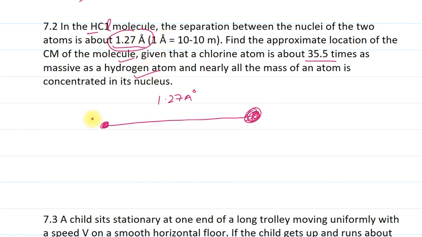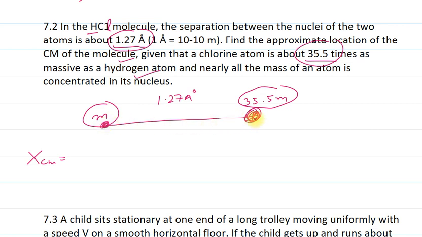So let's suppose the mass of H is m and Cl is, as given, 35.5 times that, so it can be written as 35.5 m, because we took the mass of H as m, so that of chlorine becomes 35.5 times m. This is simply a two particle system, so we can utilize the expression used to calculate the center of mass of a two particle system.